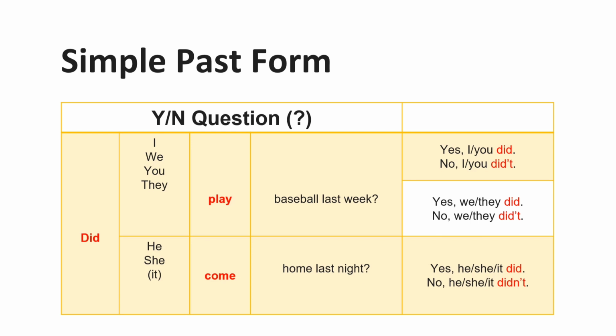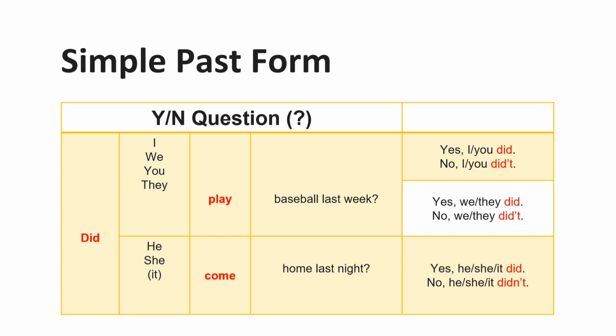No, he didn't. Now, when we have did in the sentence, the verb doesn't need ed, and it just goes back to the original base form. So I don't say, did you played? No, did you play? Did she came? No, that's wrong. Did she come home last night?